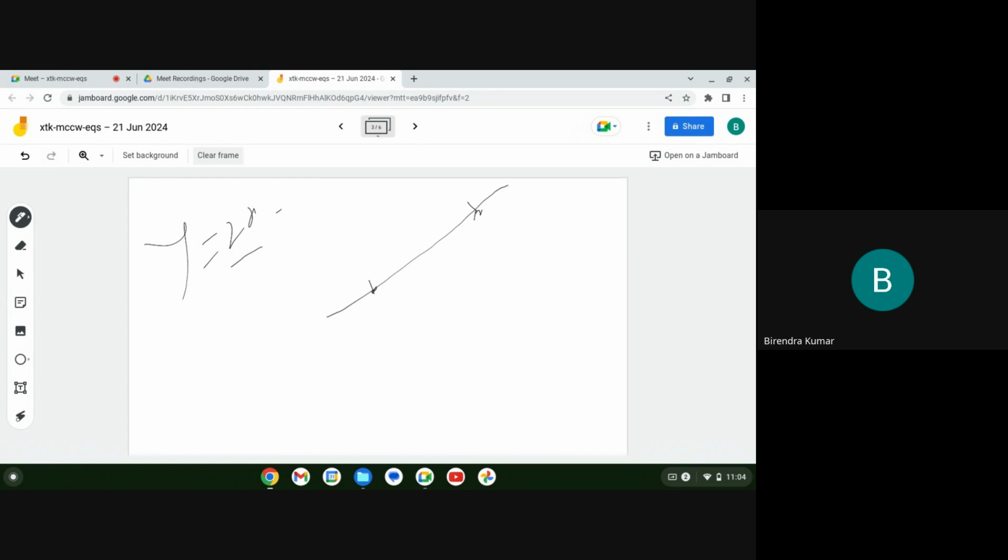Okay. Now, if I'm not interested in knowing where it cuts the y-axis, I'll forget about the intercept part. I have 2 points. Here I have x1, y1, and here is my second point, x2, y2.